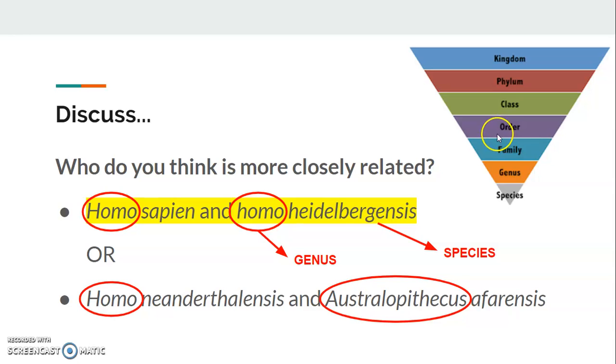So the bigger the group, the more things included. The phylum, for example: we are part of the phylum Chordata, and that includes all species that at one point had a primitive version of a spinal cord. Within that you've got class.